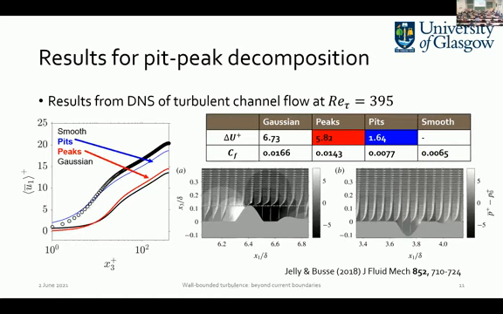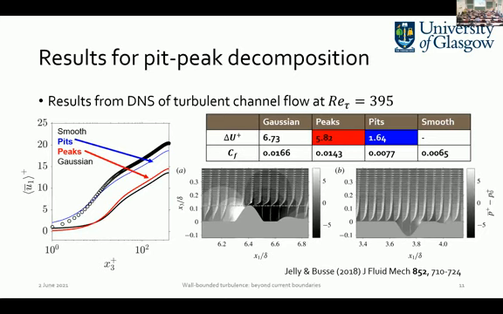This is relatively easy to understand if you consider that for the peak surface, the roughness features are exposed to the flow and strongly interact with it, causing a high roughness effect. In contrast, for the pit surface, the flow can largely skim past these pits and mainly interacts a little bit with the upstream lips of some of these pits. So this results in overall a much weaker roughness effect.